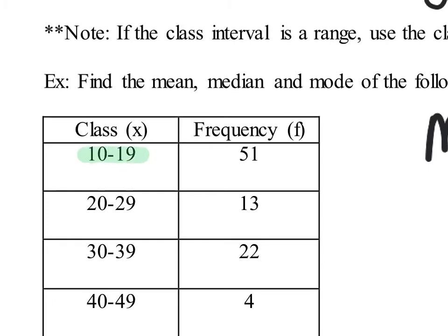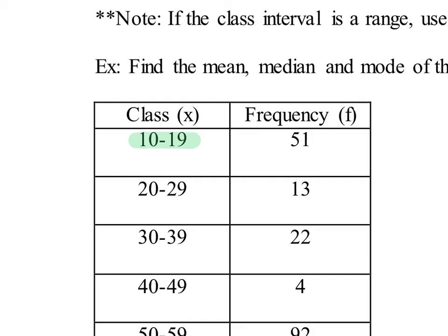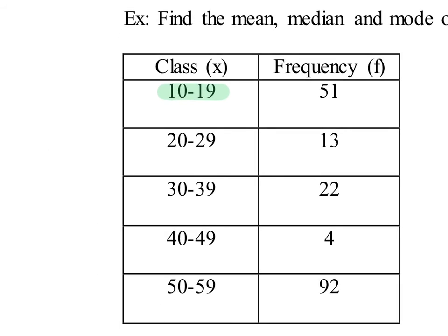So find the midpoint of each interval. I'm going to take 10, add to it 19, and divide by 2. Essentially I'm finding the mean of that interval, averaging them together. So we're going to get 14.5.